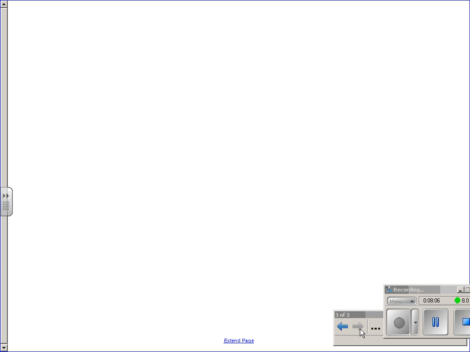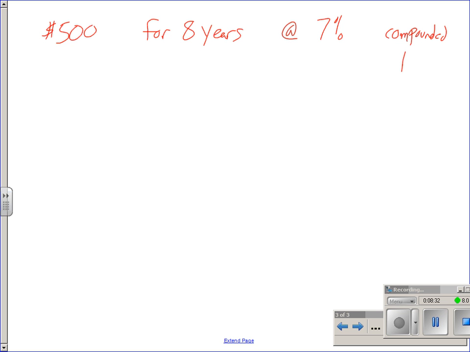It says find the final amount of $500 invested for 8 years, and at 7%, compounded monthly. All right, so we want to know how much this account is going to be worth after the 8 years.